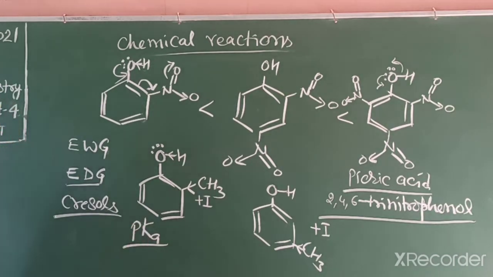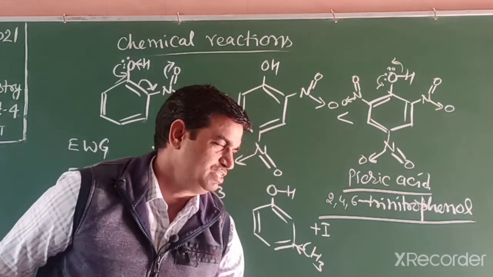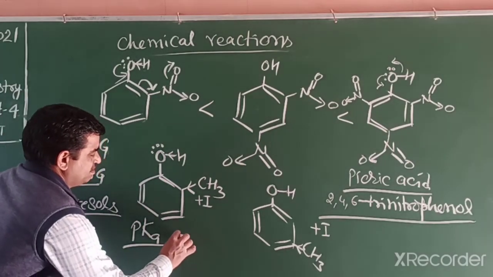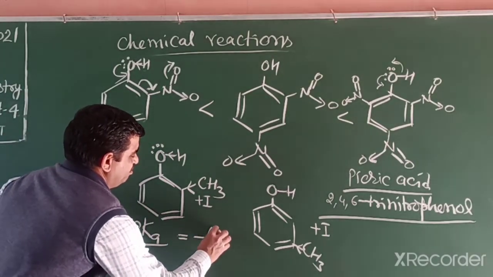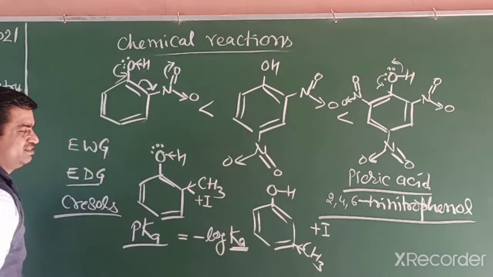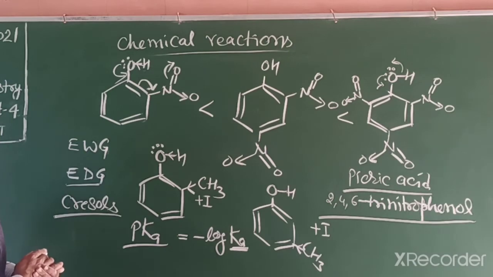What is pKa? pKa means negative logarithm of Ka. What is Ka? Ka is the dissociation constant of the acid.